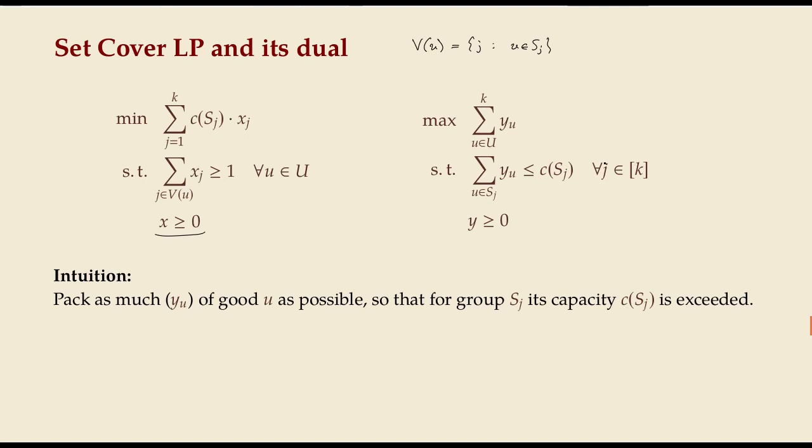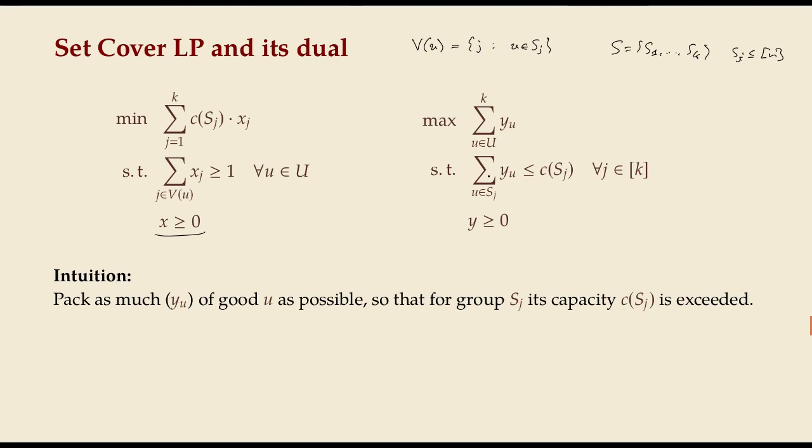And in the dual problem, you have one constraint for each of the sets, j in 1 to k. So remember, the input for set cover were these k sets, where each was a subset of the universe 1 to n. And we had these costs for the sets.